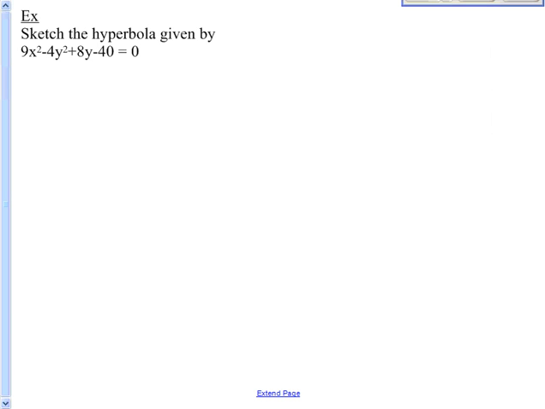Now sketch this hyperbola, and you're like, oh, great, it's not even close to being in the form. We're going to put this in that standard form. So we're going to have to complete the square. Let's do the x part first. So we got 9x squared, and then we got this minus 4y squared plus 8y. I'm going to add 40, so take it over to this side.